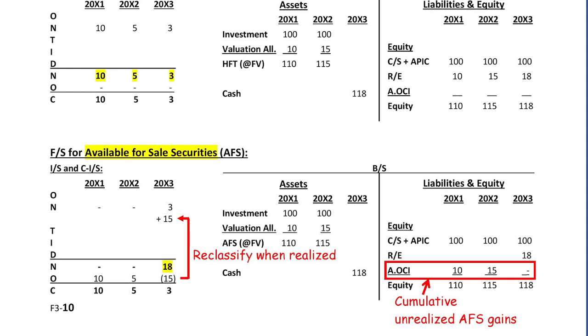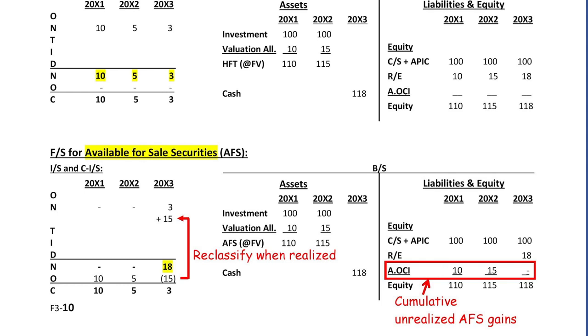Now, for trading securities, both realized as well as unrealized gains and losses go into the income statement, into net income, something like what we had under the fair value through net income method for equity securities. However, for available for sale debt securities, things are a little different.